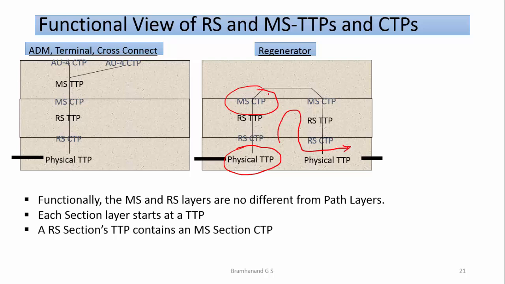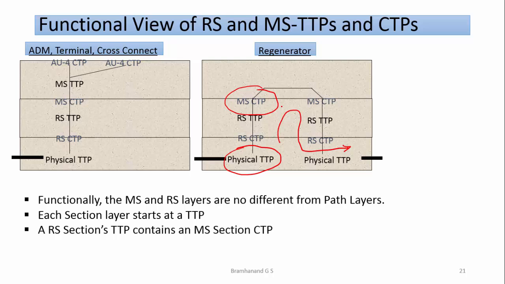So it is passed through. The regenerator doesn't know what data is flowing in the multiplex section between two multiplexers, so it doesn't really care what is in the multiplex section overhead.